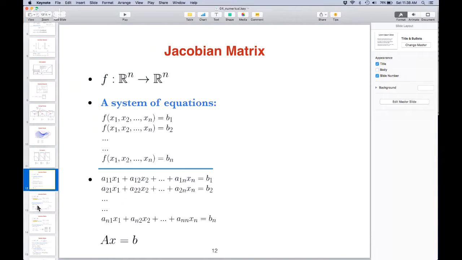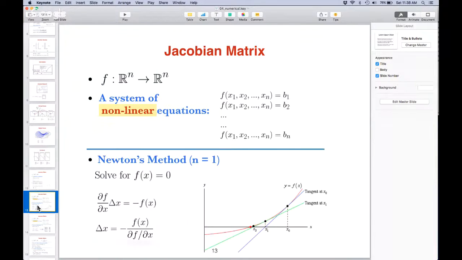However, if the equations are nonlinear, then you can't solve Ax equals b. You don't even have an Ax equals b, because each of these f has nonlinear terms like x1 squared, x2 times x5, and whatnot.